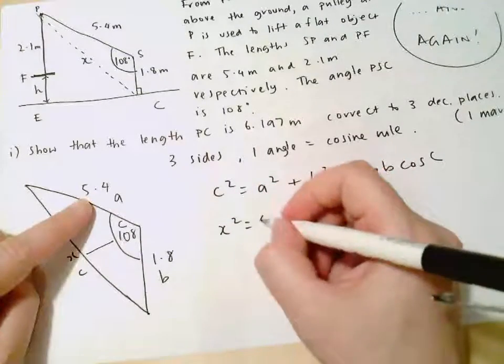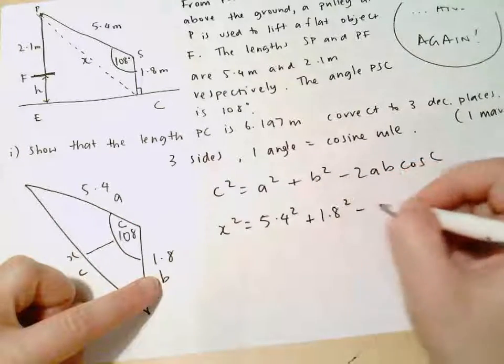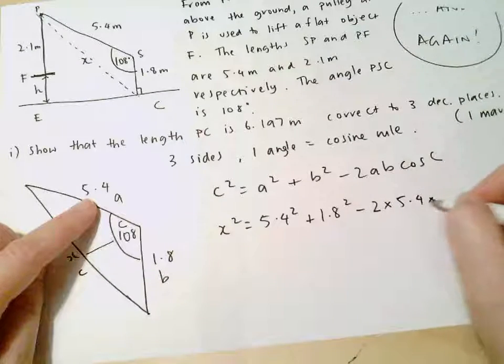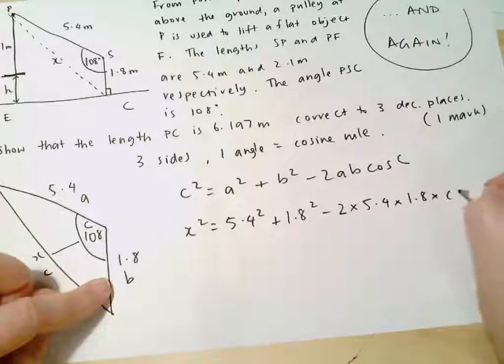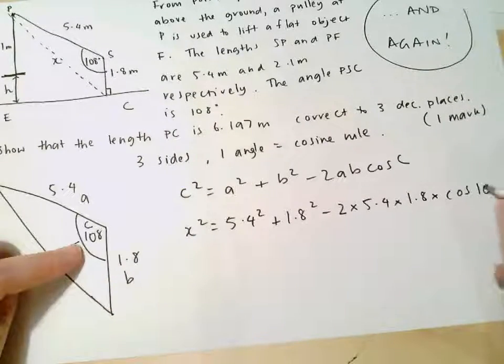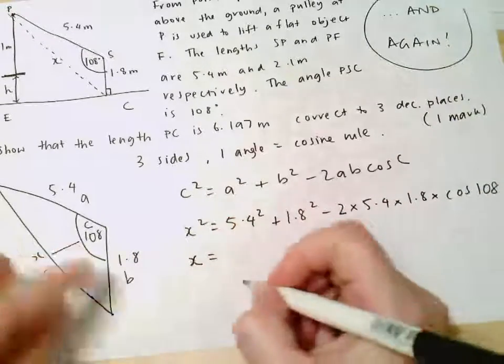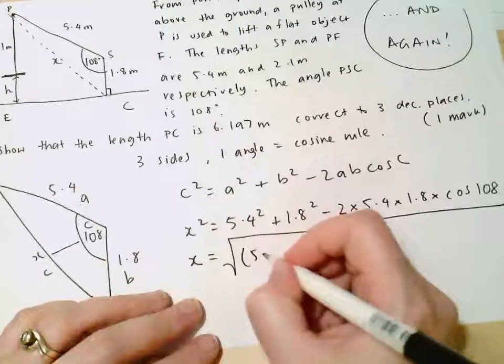A squared is 5.4 squared, B squared 1.8 squared, minus 2 times my A, times my B, times cos of the angle, 108. This is going to give me x squared, I'm just after x, so I'm going to do the square root of all of that.